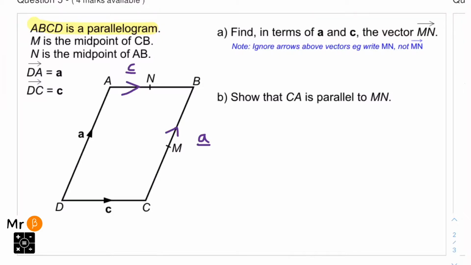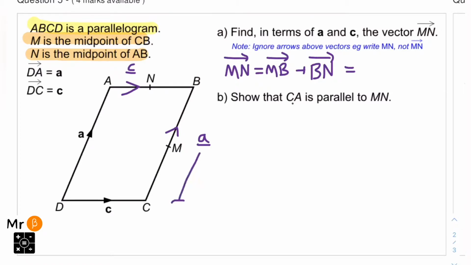So the next part of information we're going to use tells us that M is our midpoint of CB and N is the midpoint of AB. So therefore, to go from M to N, the route we're going to take is M to B plus B to N. We know that the total line C to B is equal to our vector A, and M is the midpoint.